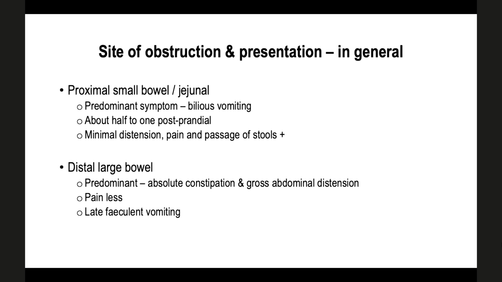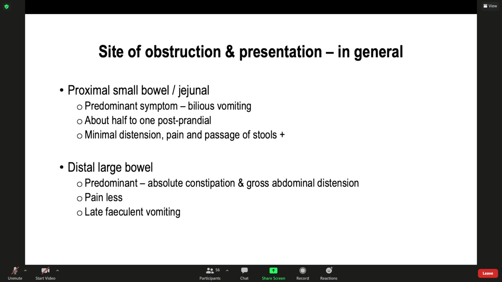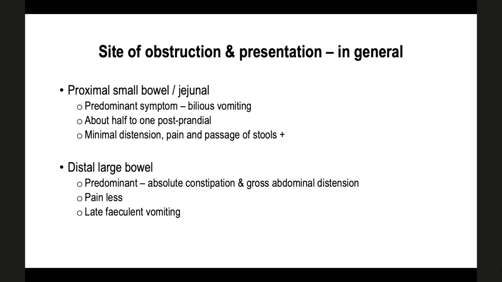Okay, so like I was saying, if you have proximal small bowel obstruction or jejunal obstruction, the predominant early symptom is bilious vomiting, and it's usually seen about half to 1 hour after the meal. There is hardly any abdominal distension, hardly any pain, and the patient will still be passing stools.